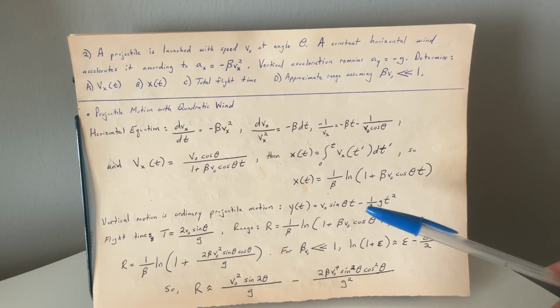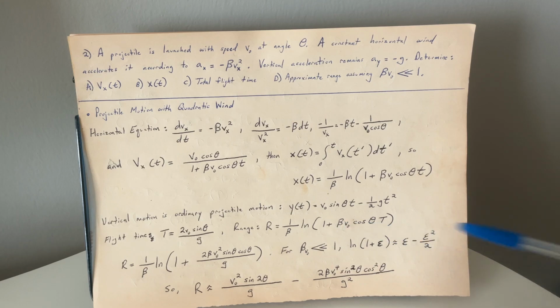So y(t) = v₀ sin θ t - 1/2 g t². And our flight time is going to be T = 2v₀ sin θ/g. And our range is going to be R = (1/β) ln(1 + β v₀ cos θ T).